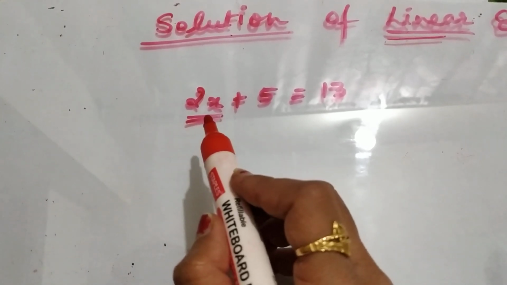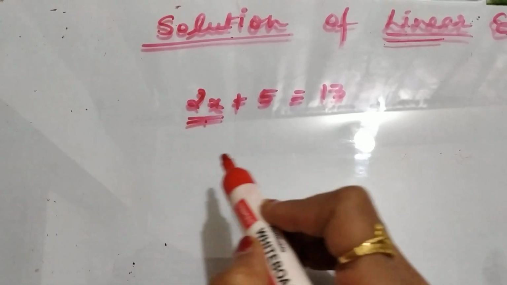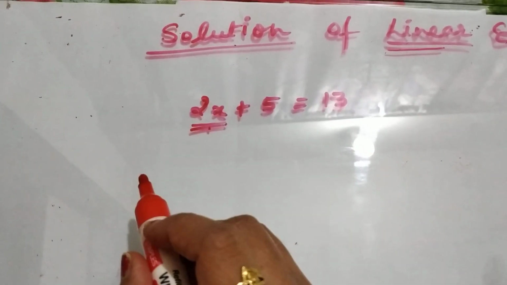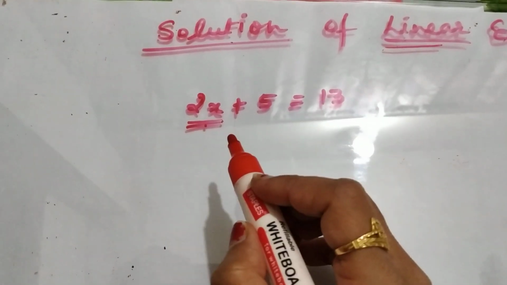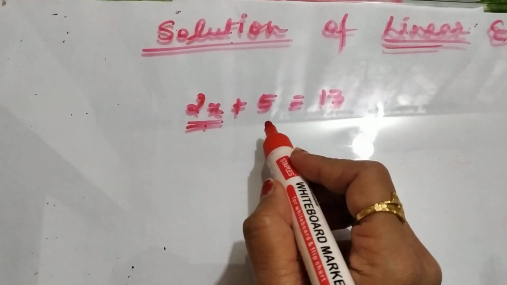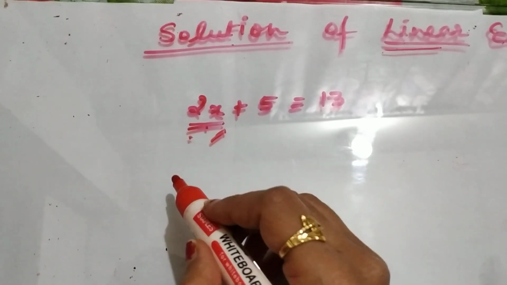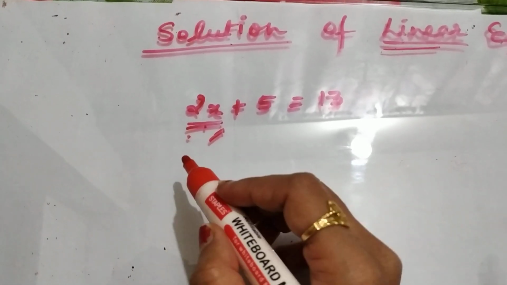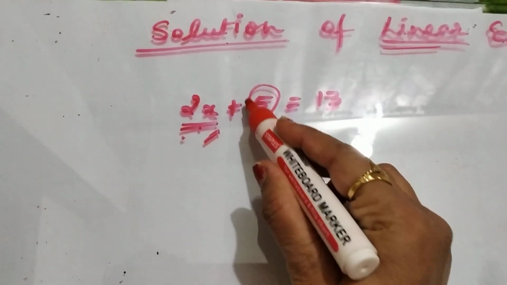That best friend goes to the other side last. So who goes first to the other side? The friend of x. 2 is the best friend, so who is the friend of x? 5 is the friend of x.